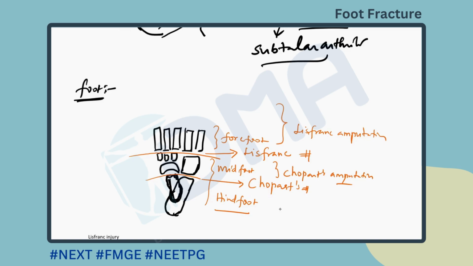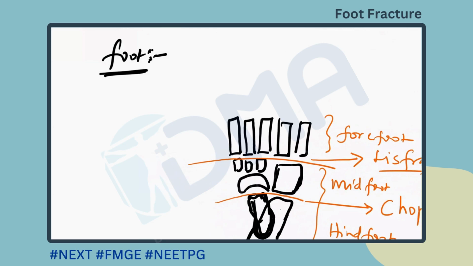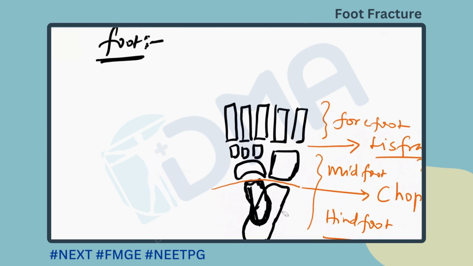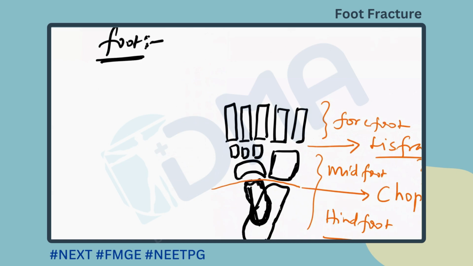Tarso-metatarsal fracture is called a Lisfranc fracture. Now, there is one important landmark here, which is called the Lisfranc ligament. There is a ligament which extends from the second metatarsal to the medial cuneiform.